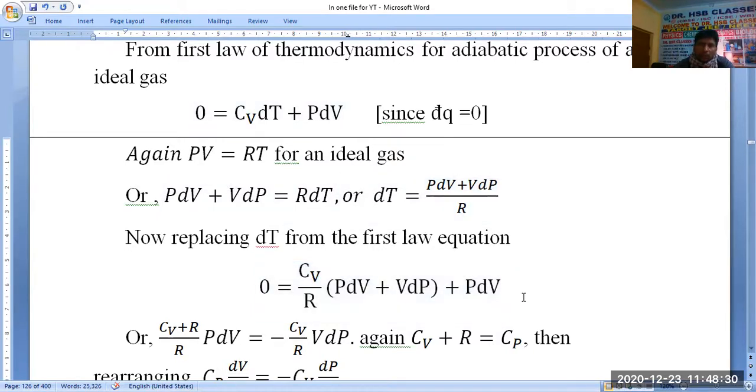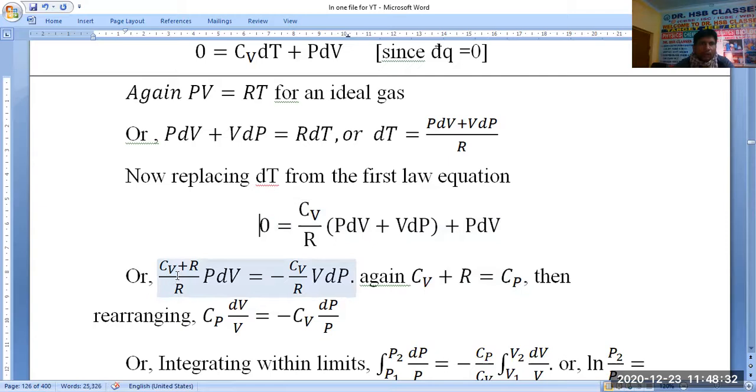Now Cv plus R, divided by R, PdV equal to minus Cv by R VdP.